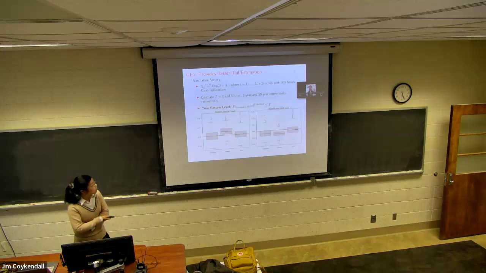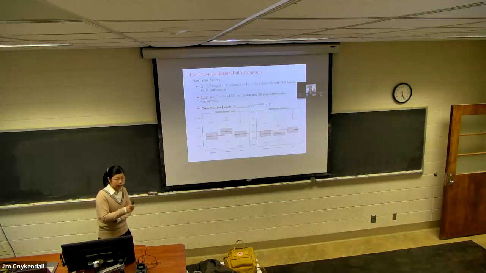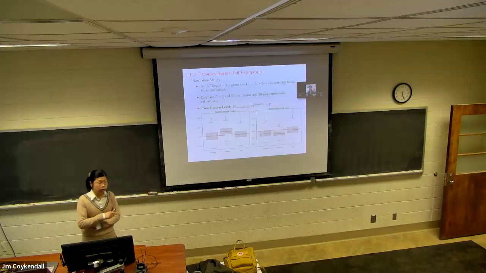For every hour we take a data point, and we do that for the whole year. Then for each year we derive the maximum, and we do that for 50 years.